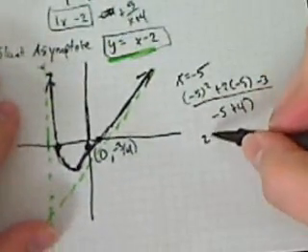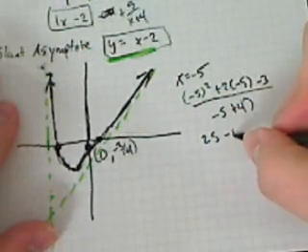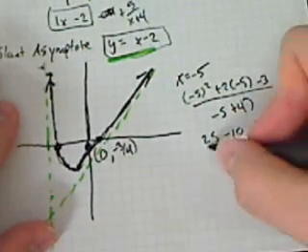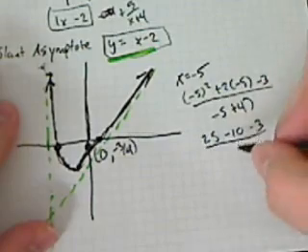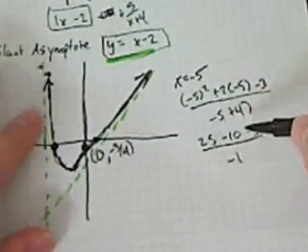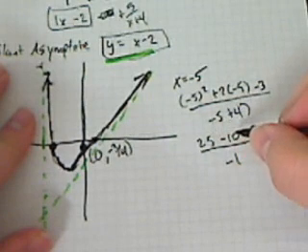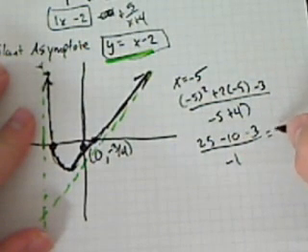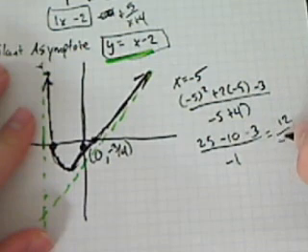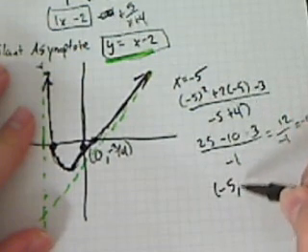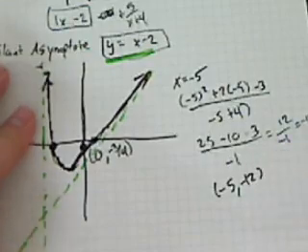So in the numerator we have 25 minus 10 minus 3 divided by -5 plus 4, which is -1. 25 minus 10 would be 15, 15 minus 3 would be 12. 12 divided by -1 would be -12. So -5, -12 would be our next coordinate.